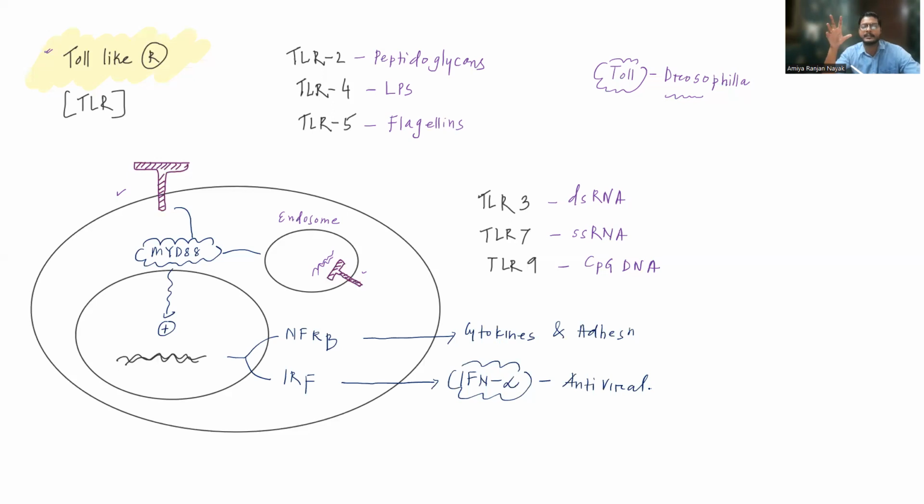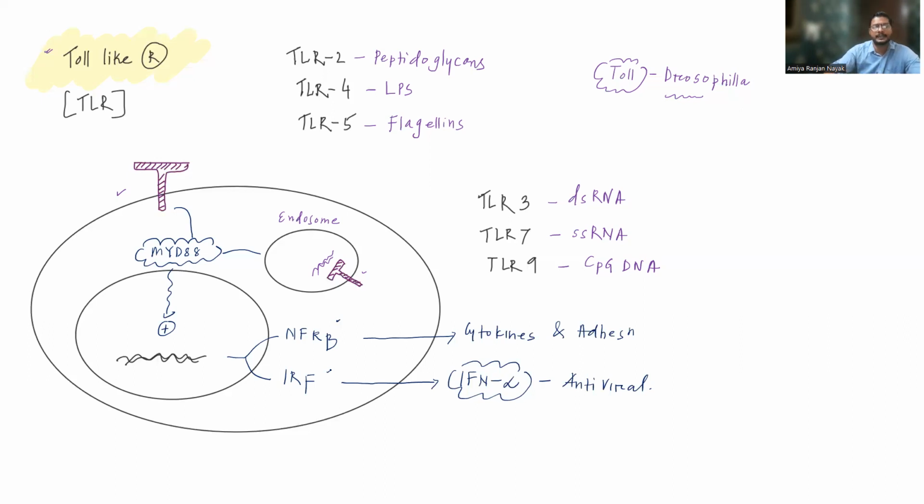Once they are activated, they activate two important transcription factors through the MyD88 pathway, not always, but most of the times, and they produce NF kappa B and interferon regulatory factor. NF kappa B produces cytokines and adhesion molecules, which help in inflammation. Interferon regulatory factor produces interferon alpha, which has antiviral properties.